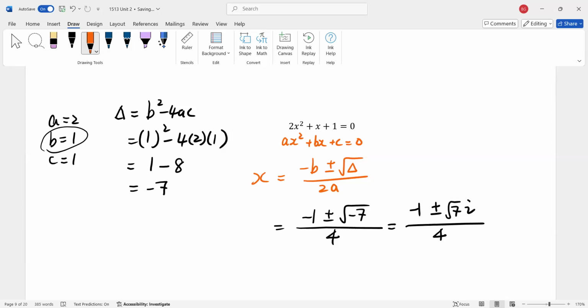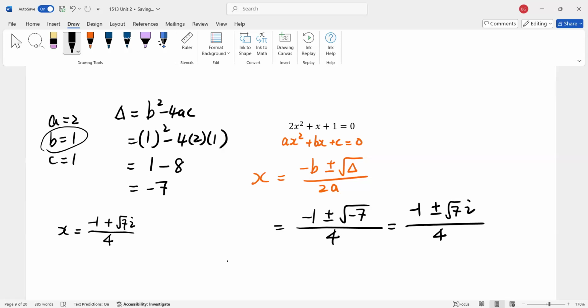As you can see, left ear, right ear, head, nothing can cancel. So it's going to be like that. One solution is going to be -1 plus root 7 i over 4. I'm okay with this.